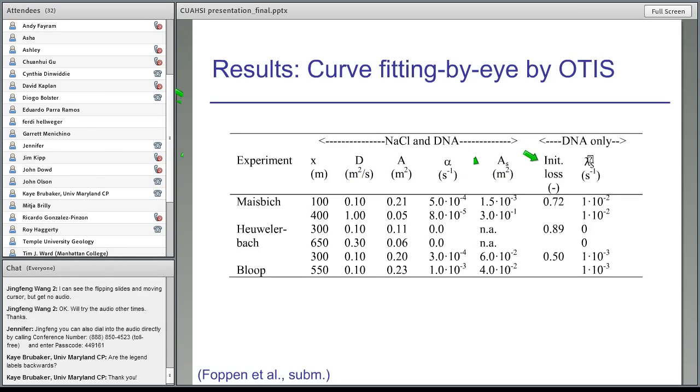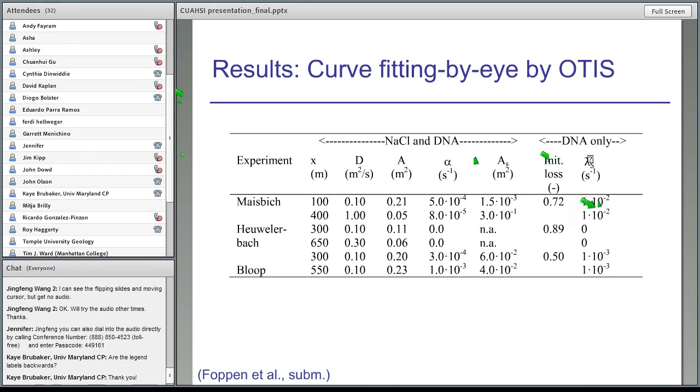And then, in order to understand these steeper falling limbs of the DNA breakthrough curves, we added a kind of absorption coefficient. This is what we have called, because that's one of the options in OTIS, the storage zone absorption coefficient.